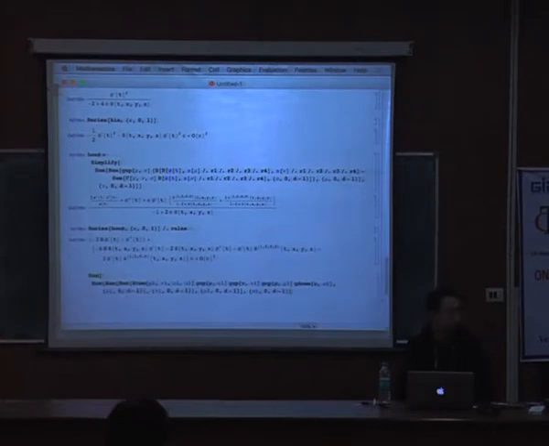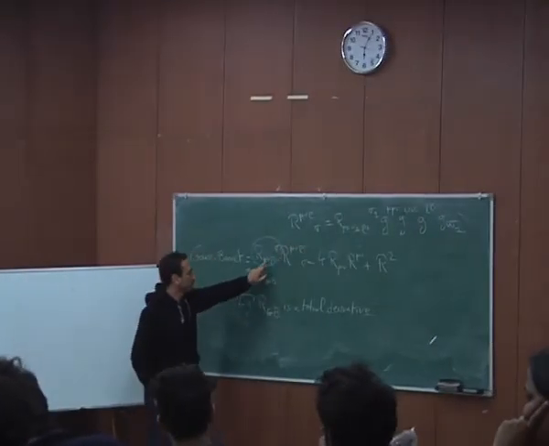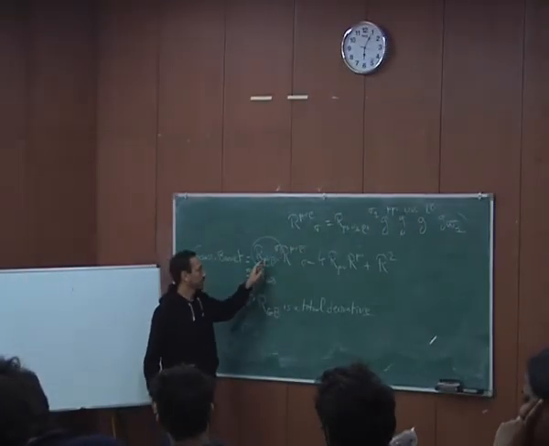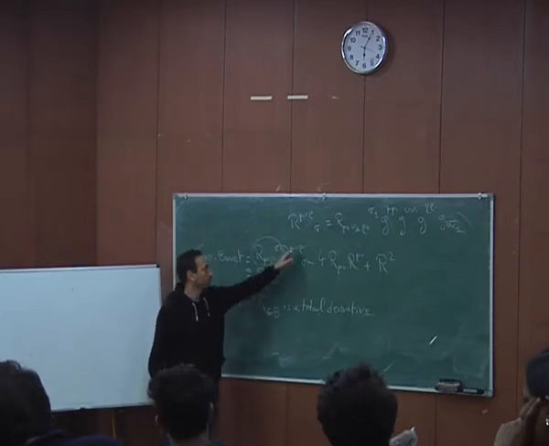Okay, so with this we have the Riemann with the indices we wanted. Now we just multiply it by the other Riemann and make a summation on mu, nu, rho, and sigma.